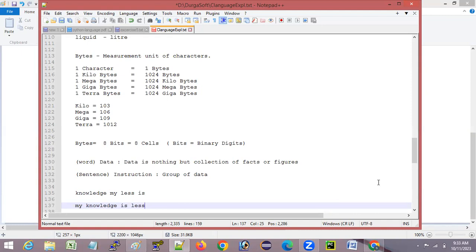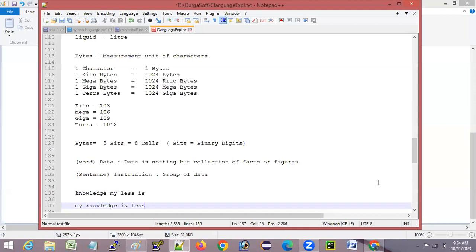So whatever you process, you get a meaning. That is called a sentence. In our computer also, that is called the instruction. Instruction is nothing but you are ordering, commanding, telling the computer to please do this. That is nothing but an order, a command. So remember, when you give an instruction, it should be a meaningful one, like calculate something.